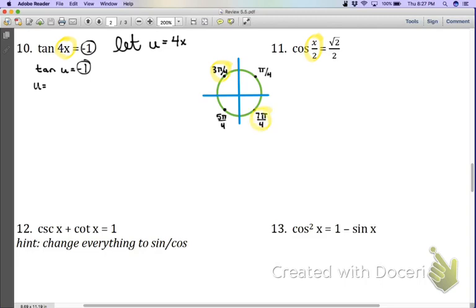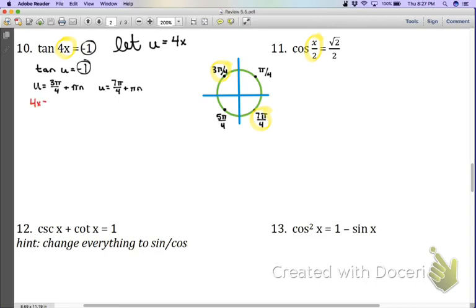So then u, I'm going to have my two values, is going to be 3 pi over 4 plus pi n. Now, it's pi n because it's tangent. Remember, tangent only has a period of pi. Then the other one is u equals 7 pi over 4 plus pi n.